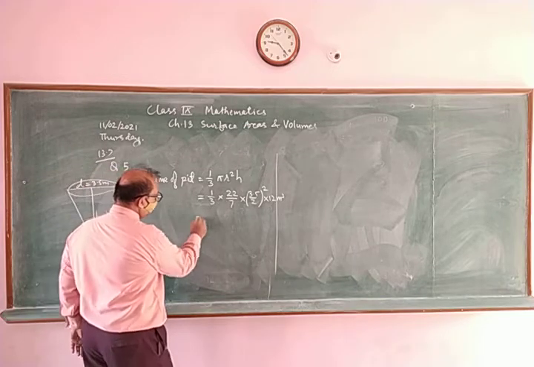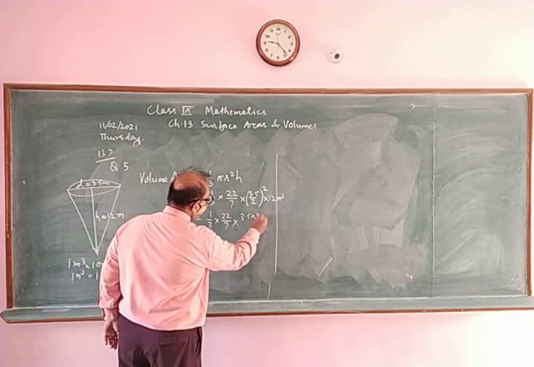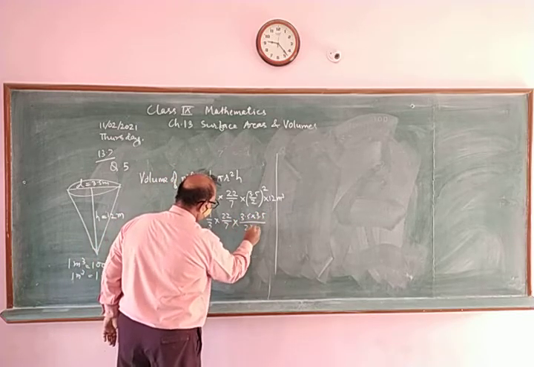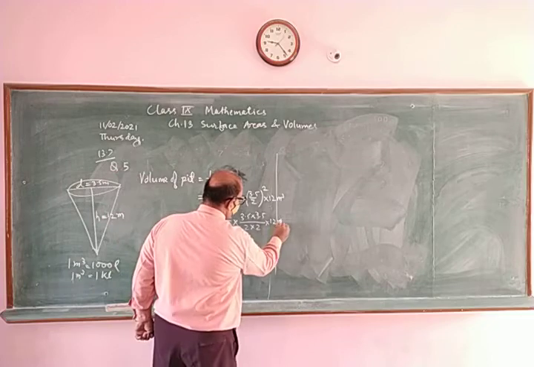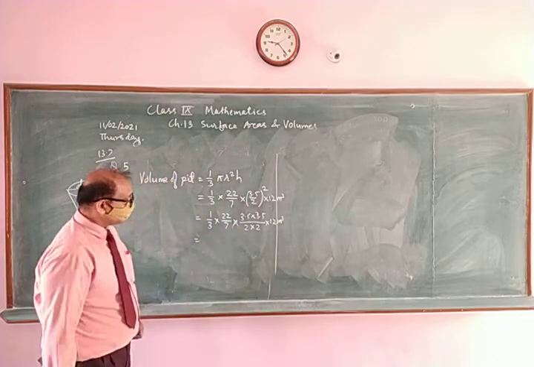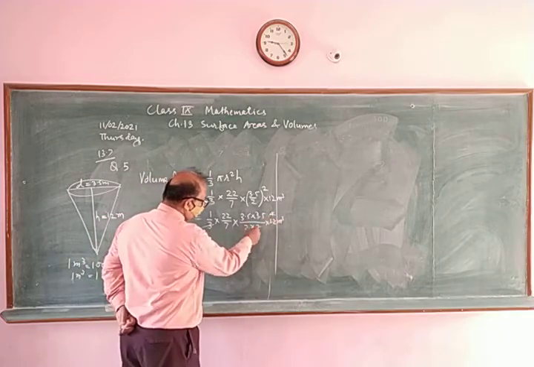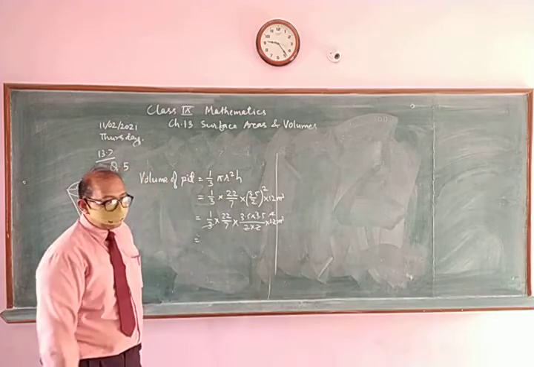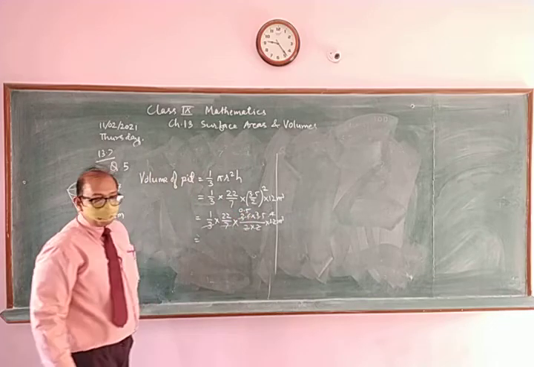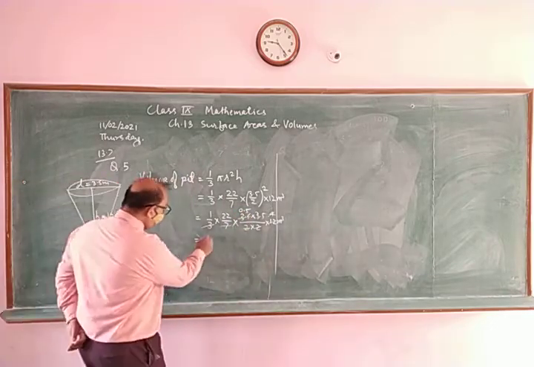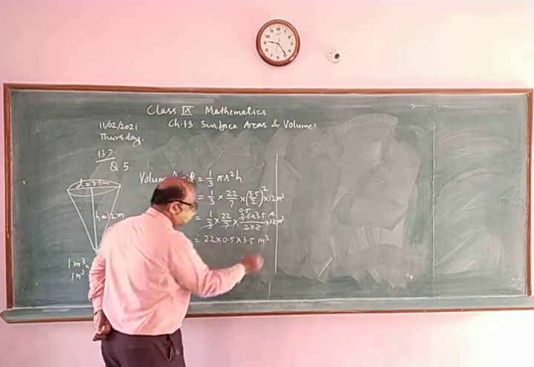Now solve this. Cubic meter, okay, is equal to. Look here, 3 4s are 12, 2 2s are 4, cancel. What is left? 7 into 0.5, 3.5. So we have 22 into 0.5 into 3.5 cubic meter.